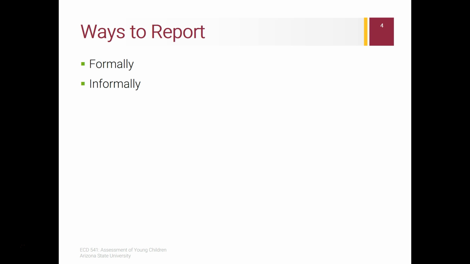There are both formal and informal ways to report information to parents. Formal reports usually bear more weight. However, informal reports can be just as important, providing parents and guardians with continual information on their child's progress.